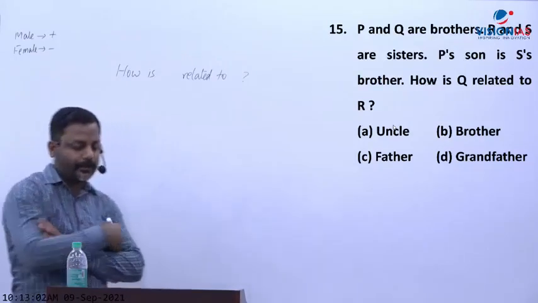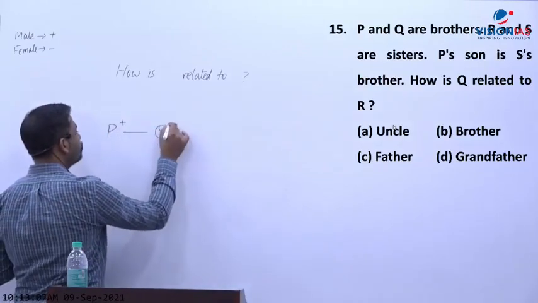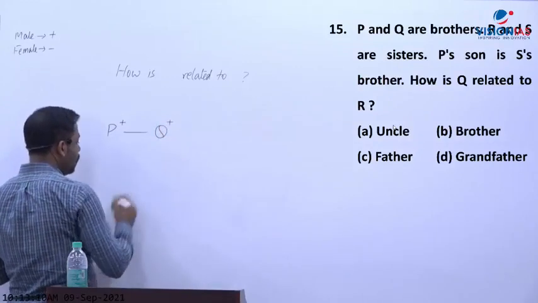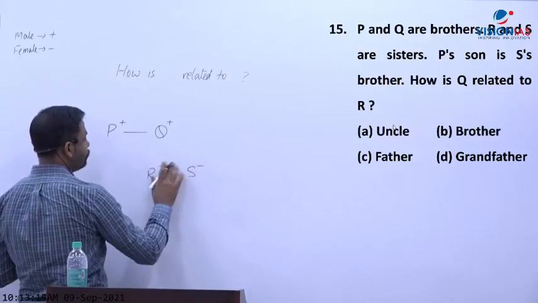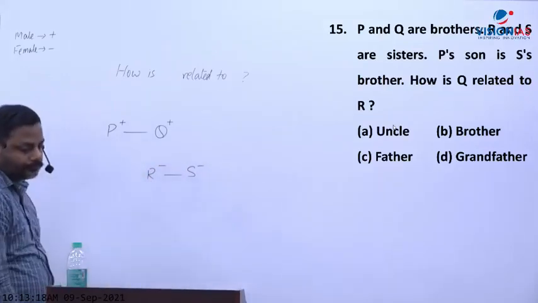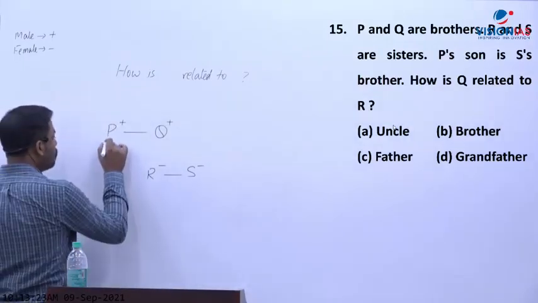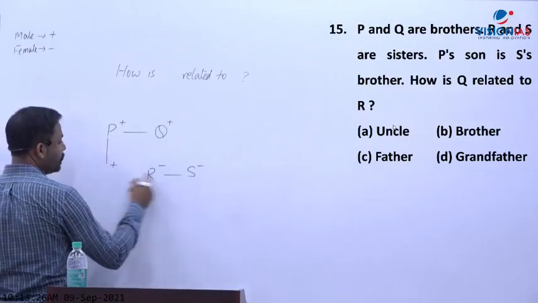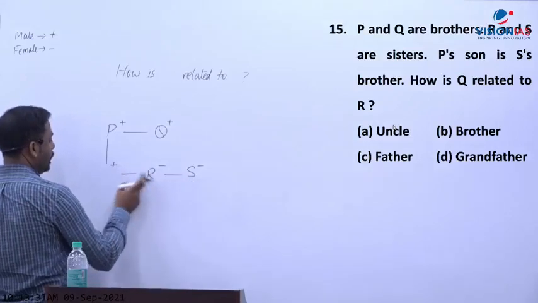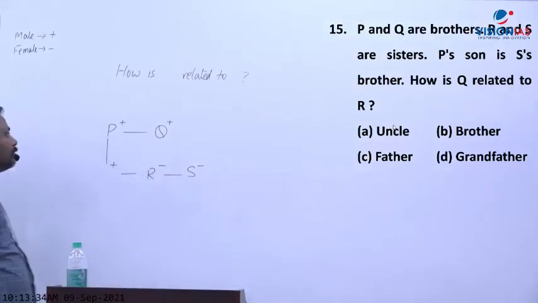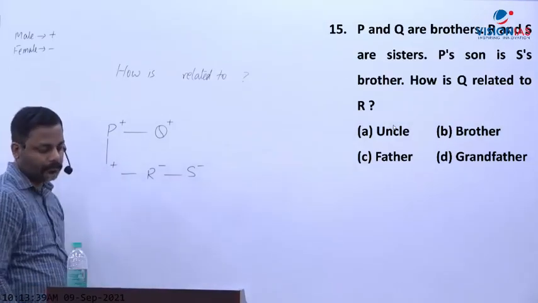P's son is S's brother. This means the person who is P's son is basically a brother to both R and S.